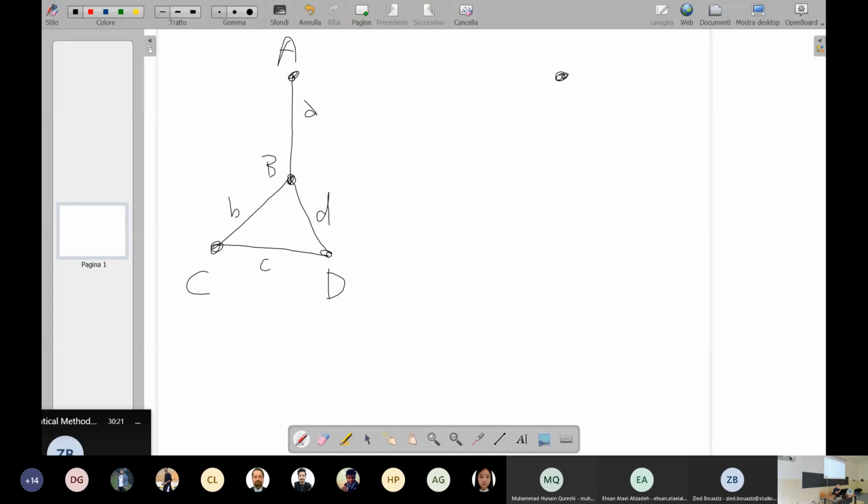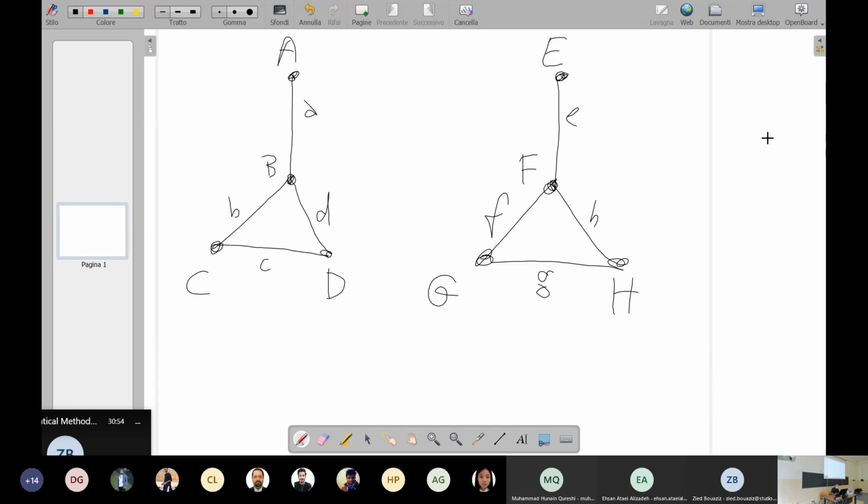And here another one: E, F, G, H, and small e, small f, small g, and small h. Okay, these are two graphs. They are different because they have different vertices, different edges, and so on. So let's try to find some isomorphisms.